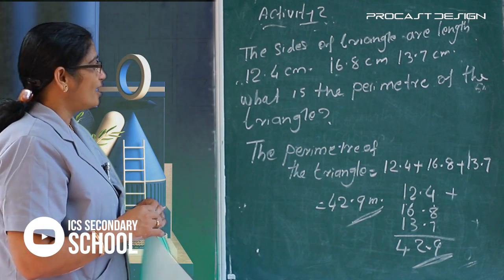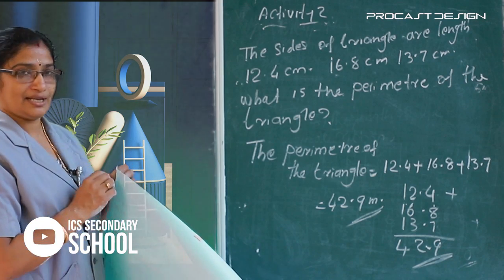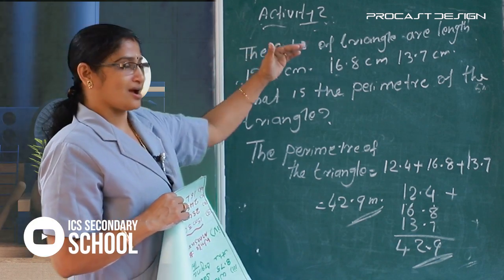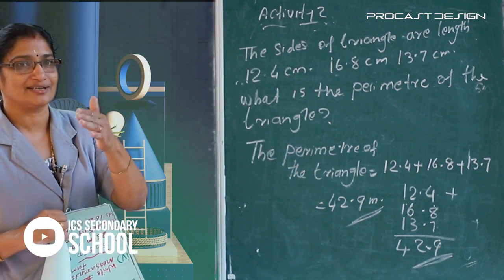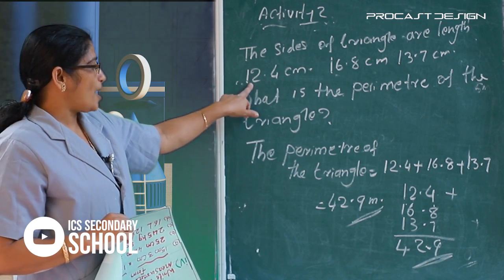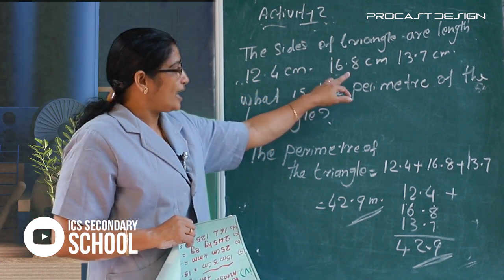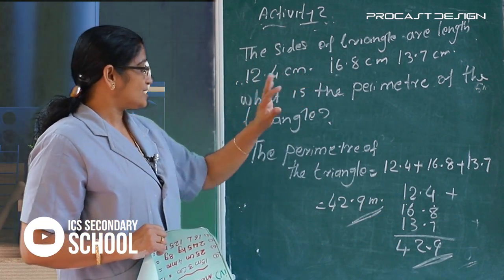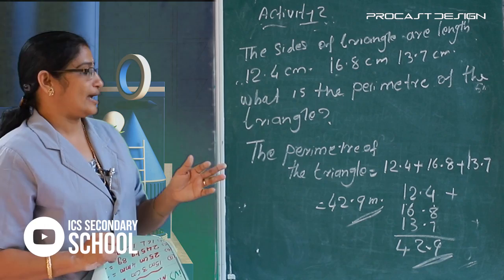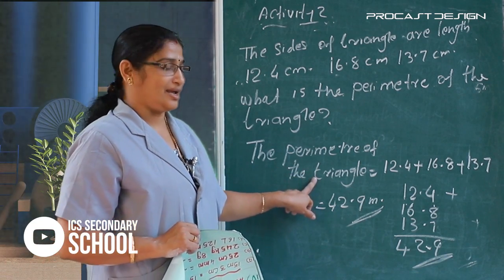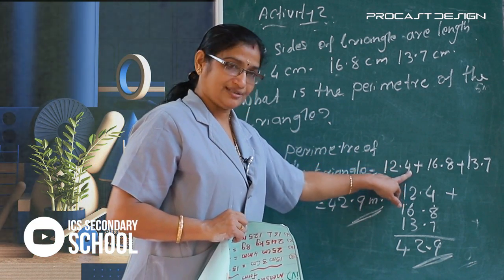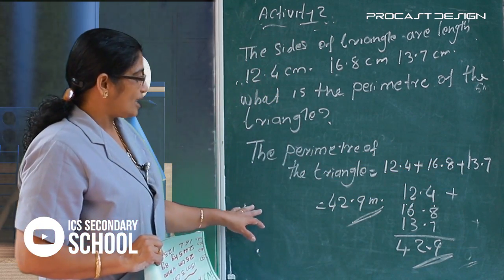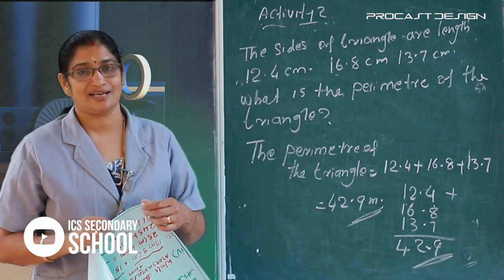The sides of the triangle are length 12.4 centimeter, 16.8 centimeter, 13.7 centimeter. What is the perimeter of the triangle? The perimeter of the triangle is 12.4 plus 16.8 plus 13.7, and the total is 42.9 centimeter.